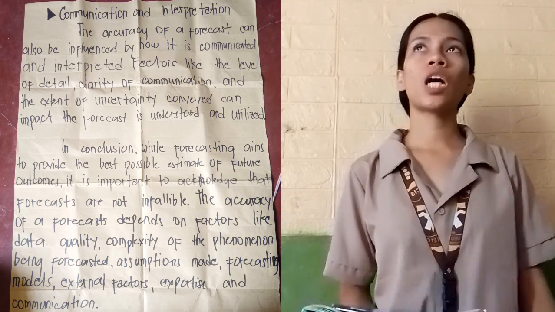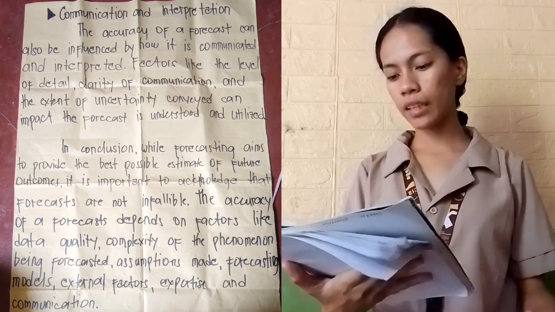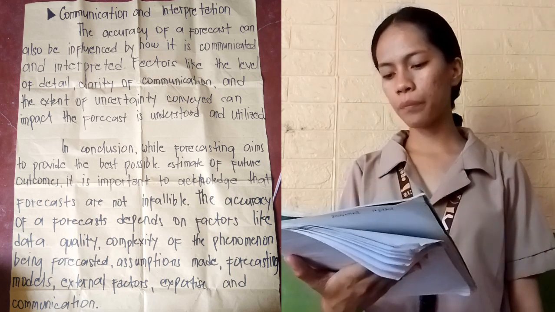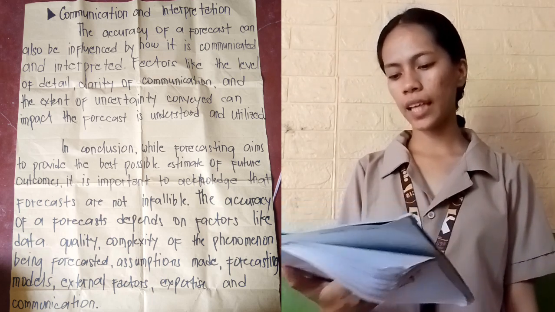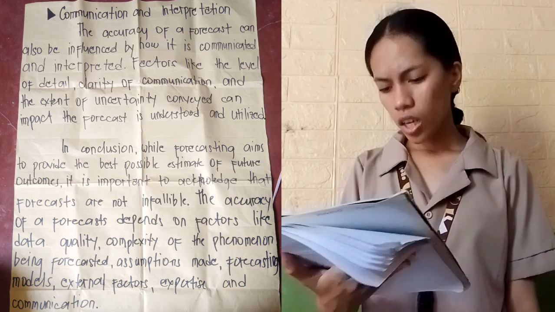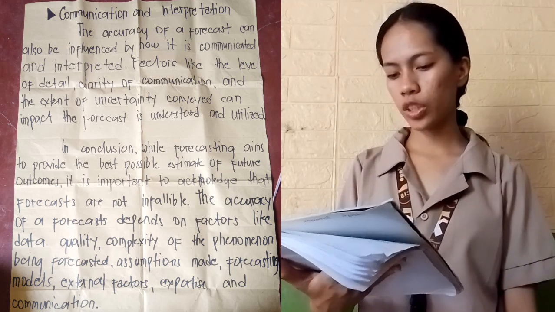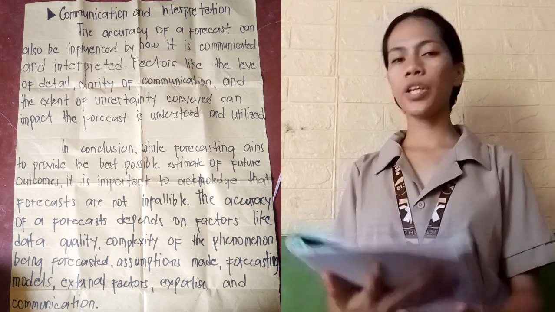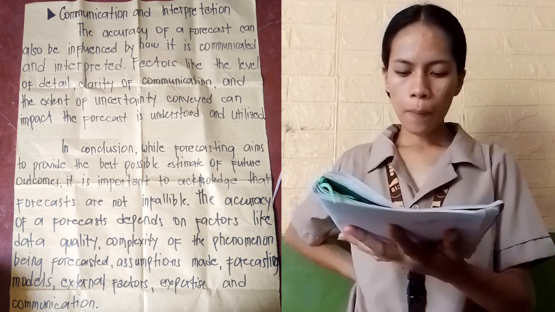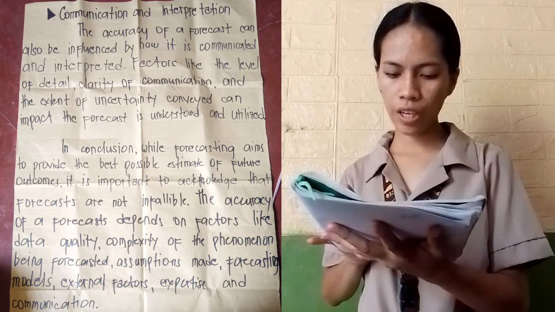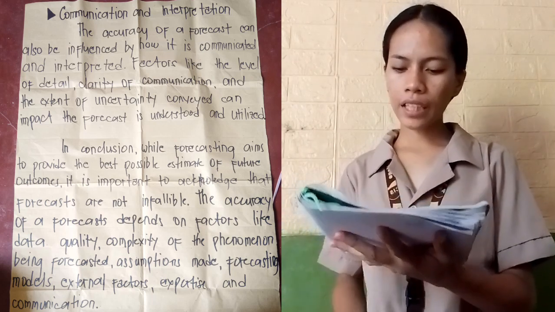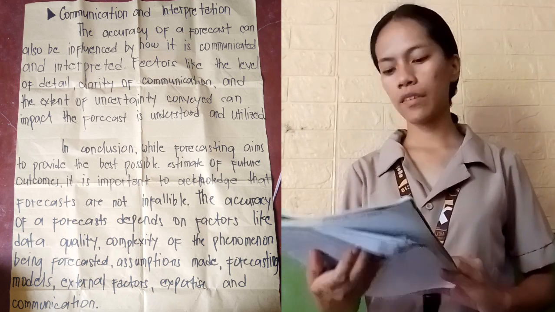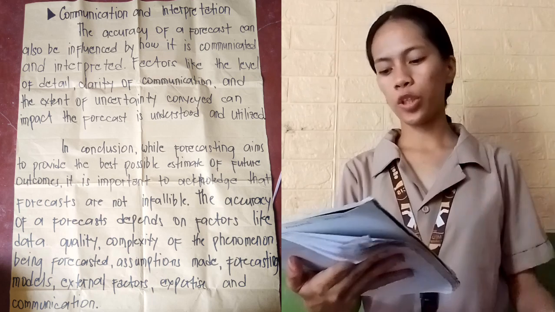Factors like the level of detail, clarity of communication, and the extent of uncertainty conveyed can impact how the forecast is understood and utilized. If you know how to communicate and interpret it, it is easier to convey, and it is easier to understand.